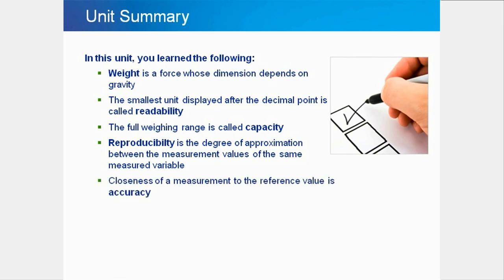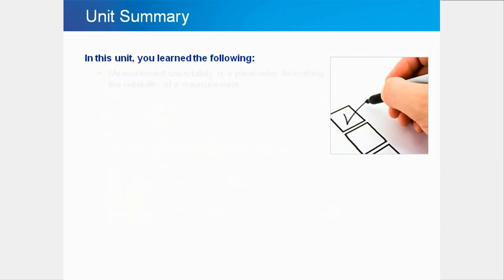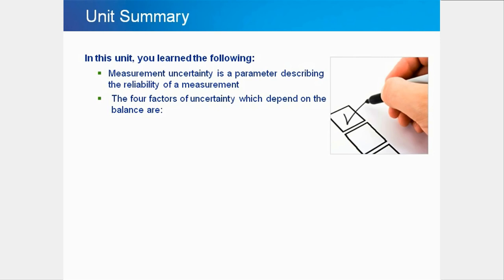Closeness of a measurement to the reference value is accuracy. Closeness of the mean to a recognized reference value is trueness. Measurement uncertainty is a parameter describing the reliability of a measurement. The four factors of uncertainty which depend on the balance are sensitivity, eccentricity, repeatability, linearity.